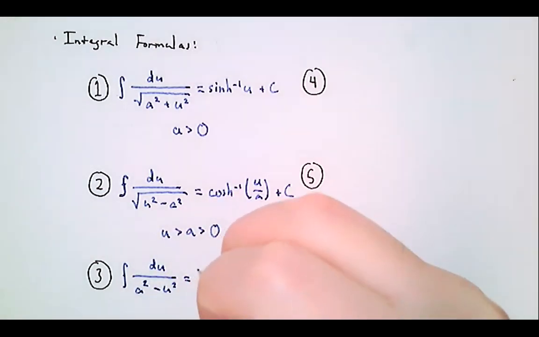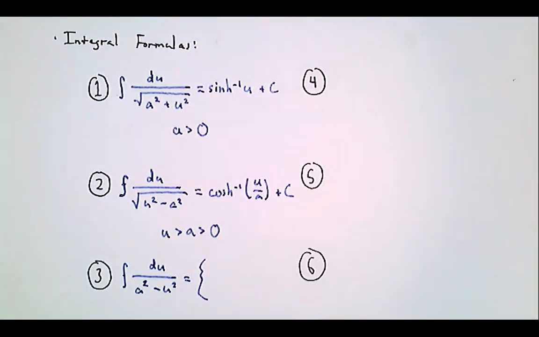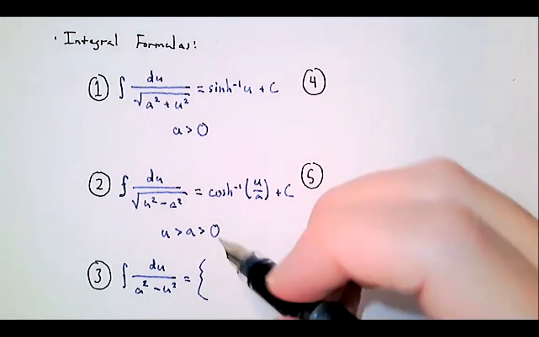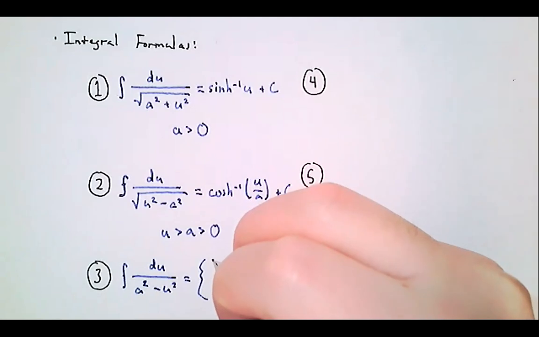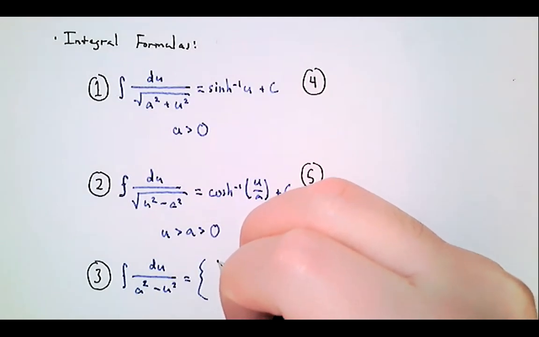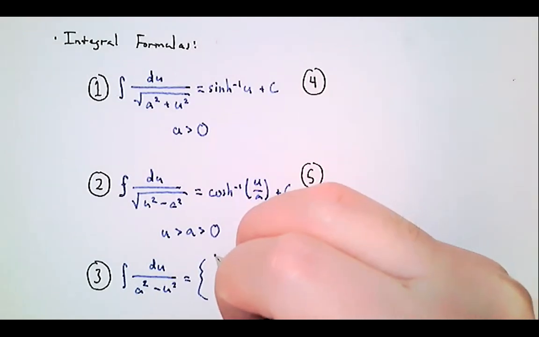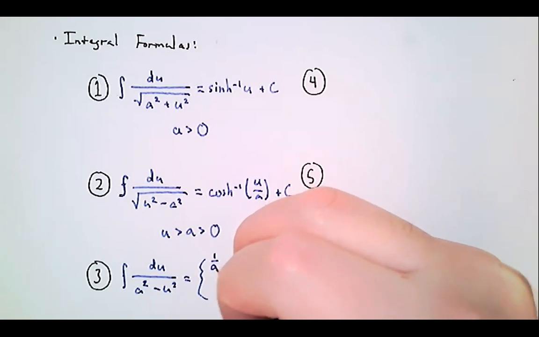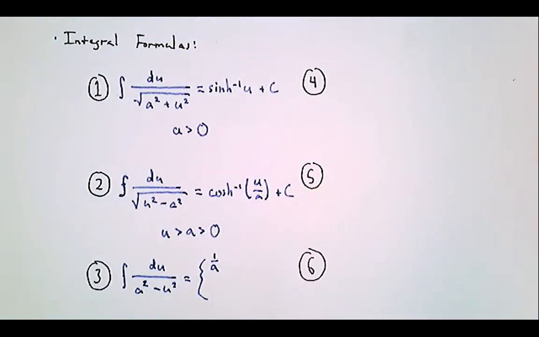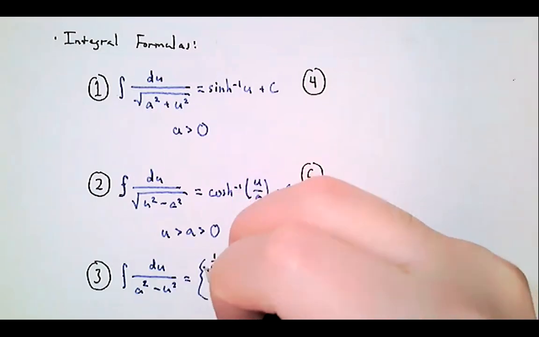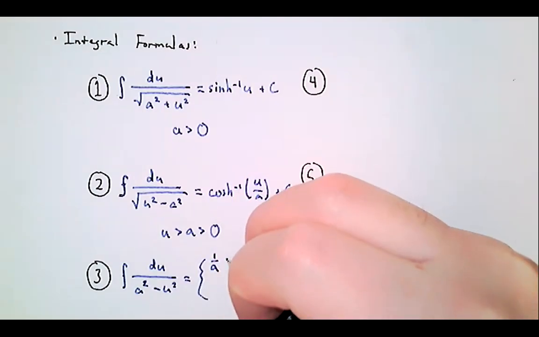And this one is a little bit more complicated. It could be inverse tanh or inverse coth, hyperbolic tangent or hyperbolic cotangent, depending on, well, I might run out of room, but I'll maybe write it below here.